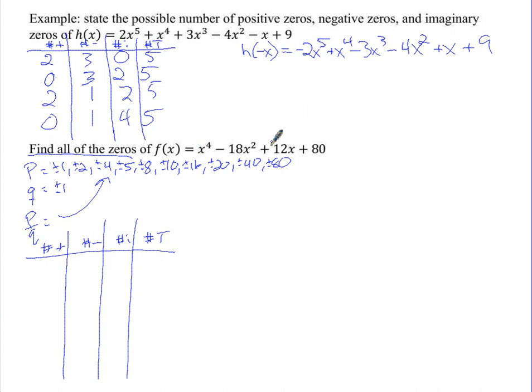Start positive, switch to negative, switch to positive, so 2. We can only have 4 roots total. So? That's okay. Nope. Missing terms don't matter here. Missing terms matter when you set up your synthetic division. Okay, so now we need to rewrite our polynomial with the negative x. So f of negative x equals what?